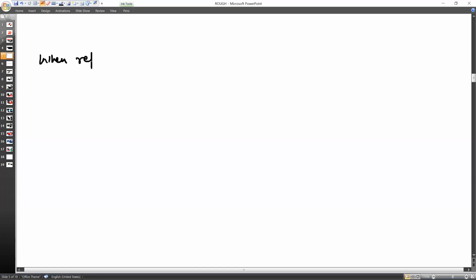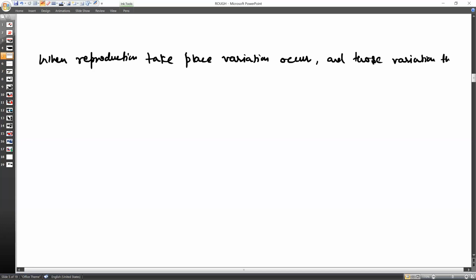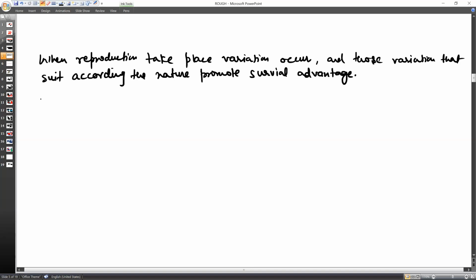Whenever reproduction takes place, variation occurs, and those variations that suit the nature or environment promote survival advantage. For example, you have to write an example here.